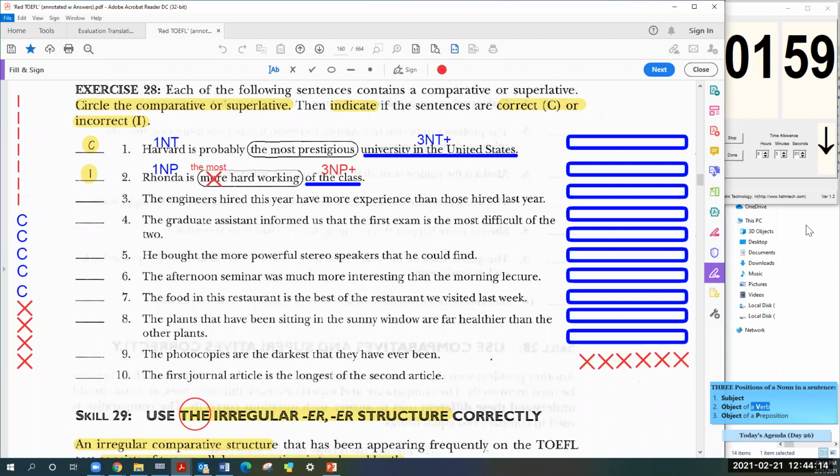Two minutes. One minute, 45 seconds. One minute, 30 seconds. 1 minute, 15 seconds.